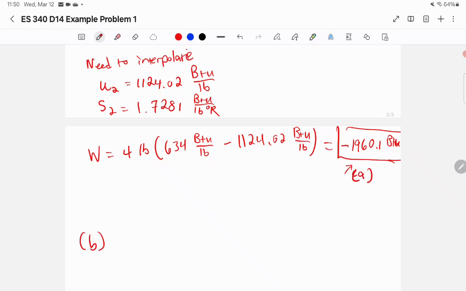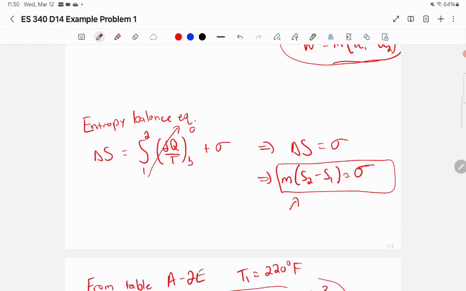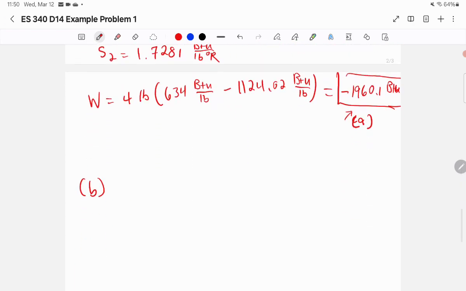And then for part B, using this equation that we found earlier, there was no heat transfer, so we didn't need to involve the heat transfer in order to find sigma.